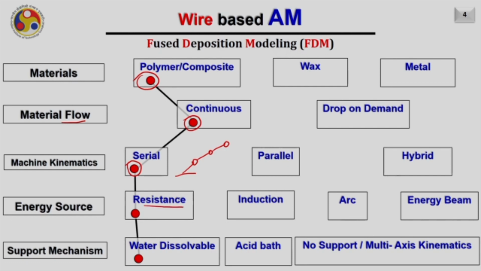Resistance heating is used to melt the wire, and then the support mechanism is water dissolvable, meaning the support which we are depositing here is easily dissolvable into the water. Such a system, which is very popular and you might have definitely used it already, is called FDM by Stratasys, and the generic name could be fused filament fabrication.